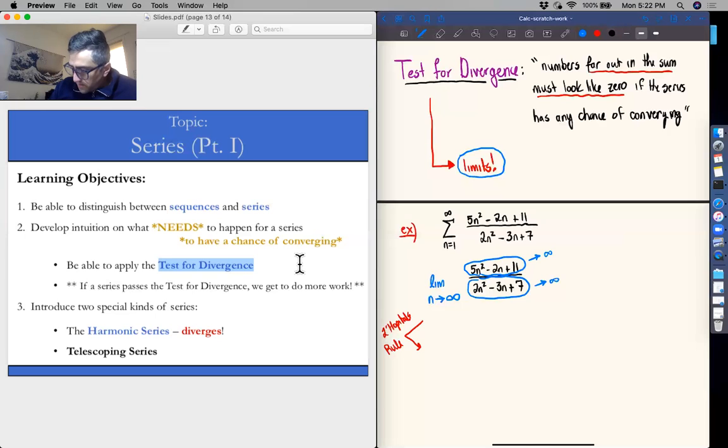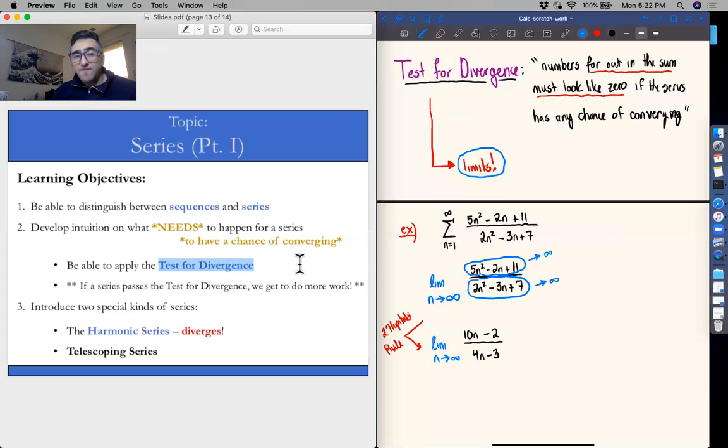Remember, what L'Hopital says is we get to take the derivative of the numerator and denominator separately. So the numerator's derivative gives us 10n minus 2. The derivative of the denominator gives us 4n minus 3. And then we reevaluate that limit.